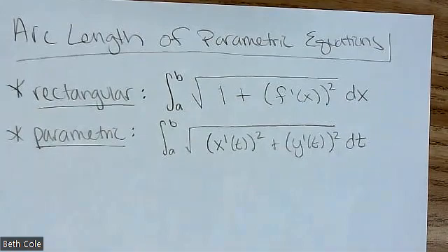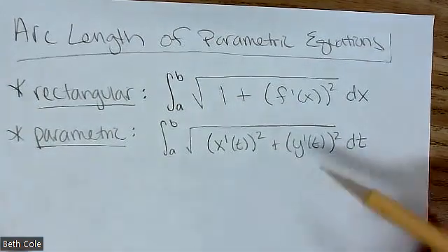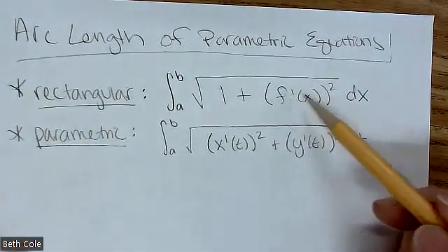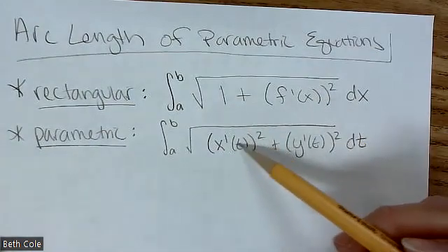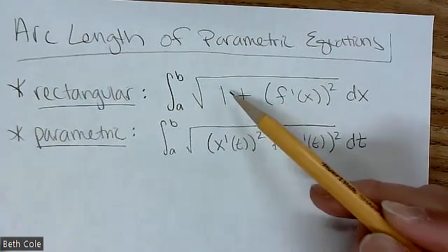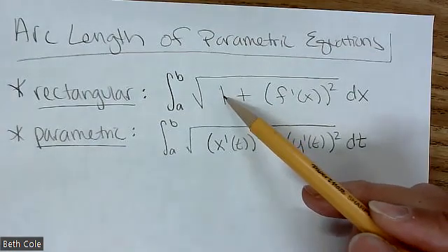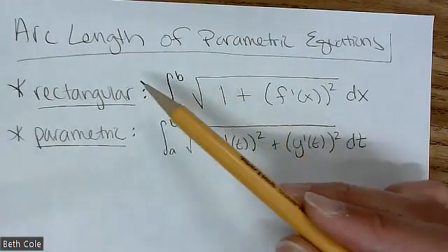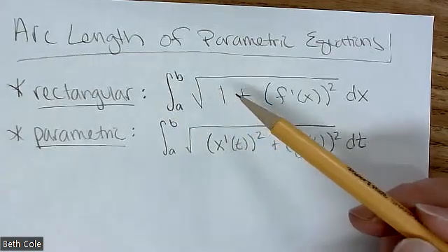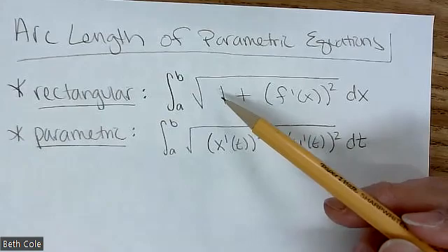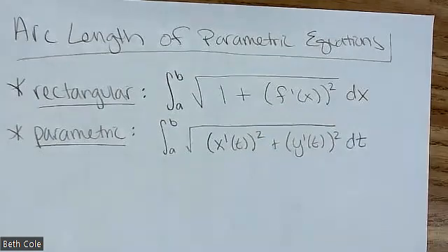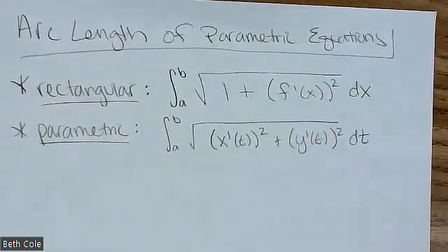But if you look, it's the same thing. This is y of t squared, and if you think of f of x being y, that's the same thing. It's just here you have an x that's in terms of t as well. The reason this one is 1 is because when you're doing a derivative for rectangular, what's the derivative of x? 1. I could have written it that way squared as well, but it's just 1, so we just write 1. It's really the same thing just for parametric.